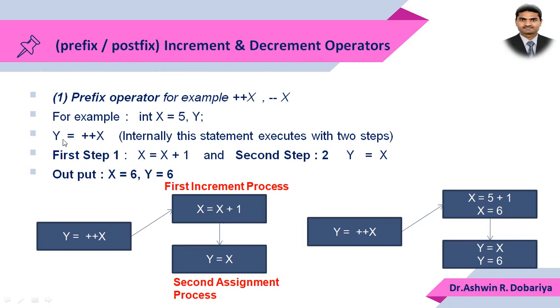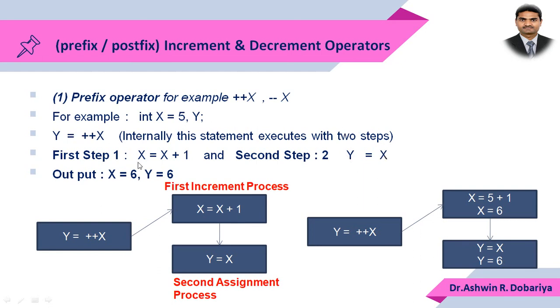So y = ++x is one statement, but internally it performs two steps. Step number one, pre-increment. So first it increments one value in x. After that, whatever updated value of x, in the second step it will assign the updated value of x to y.